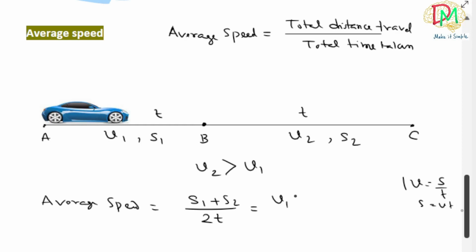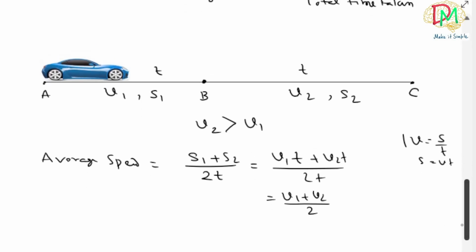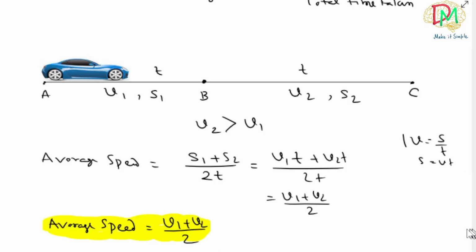So we have v1 t plus v2 t divided by 2t, so v1 plus v2 by 2, which is the average of these two numbers. So when the time interval is the same but it travels different distances and velocities, the average speed is equal to v1 plus v2 by 2. This is the shortcut.